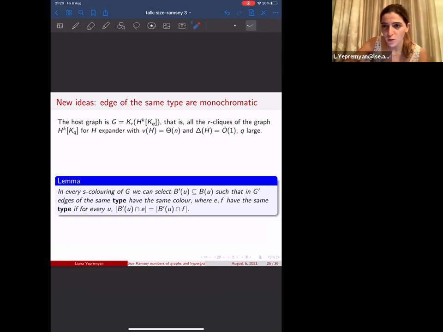So now think about this not as just graphs, but any r-uniform hypergraph. What do I mean by two edges having the same type? Two edges have the same type if they intersect every blob in the same number of vertices.